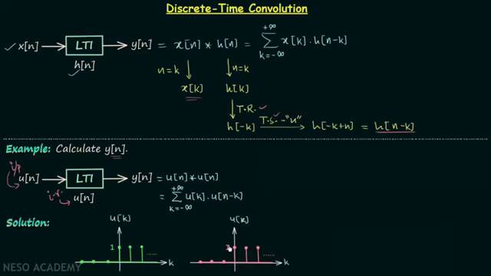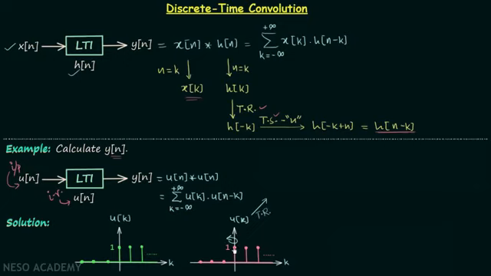Now we will leave the input signal as it is, and we will perform the time reversal operation on the impulse response. In time reversal, we simply flip the signal waveform about the y-axis.